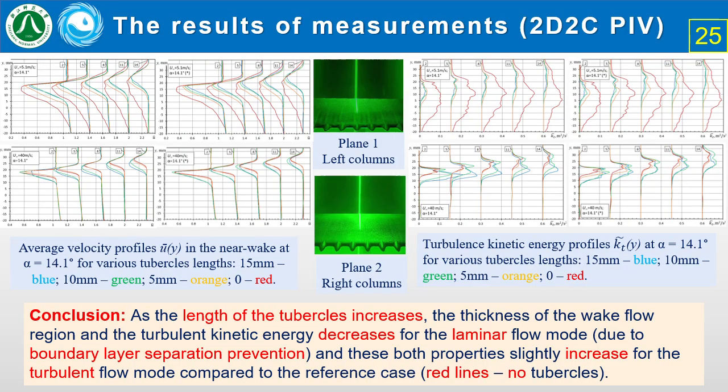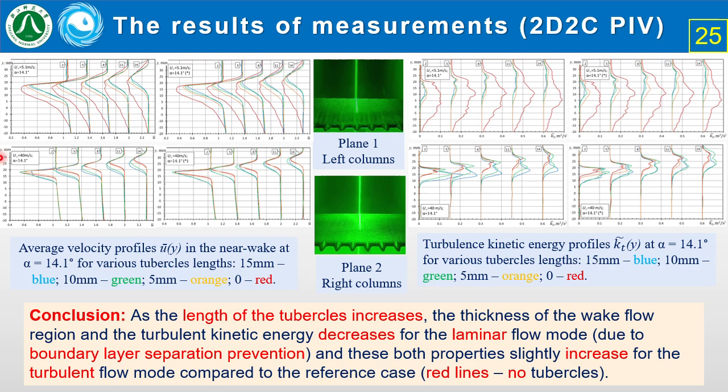A wide set of the results of measurements was obtained by us in the interval of incoming flow speed from 5 to 40 meters per second. That corresponds to the interval from laminar to fully developed turbulent flow mode.